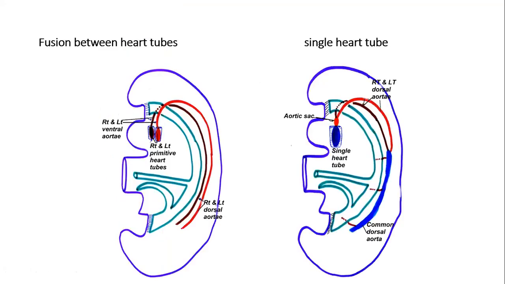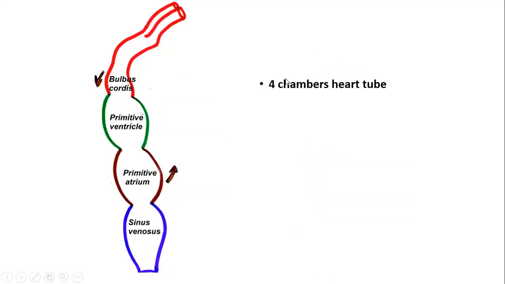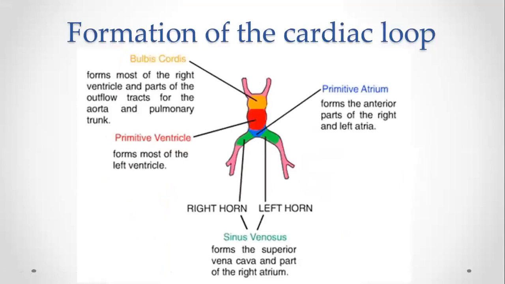So this heart tube, which was two joined together to form a single heart tube, then has cavities formed within it, a differentiation into four chambers: bulbus cordis, primitive ventricle, primitive atrium, and the sinus venosus.